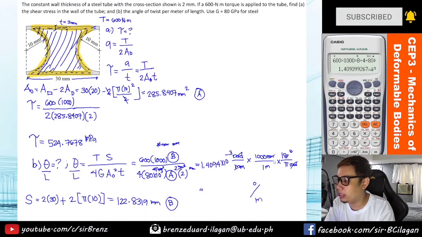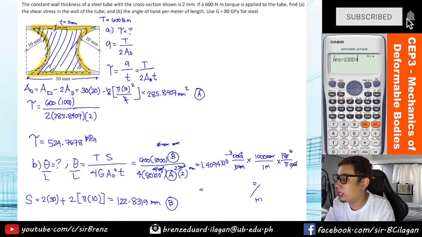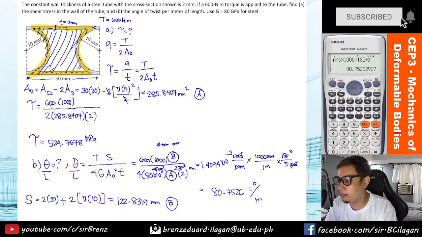So, cancel to. Matitira nga is per meter. Okay, so multiply lang natin siya ng 1,000, and then times 180, and then divided by pi. So the answer is 80.7526 degrees per meter.